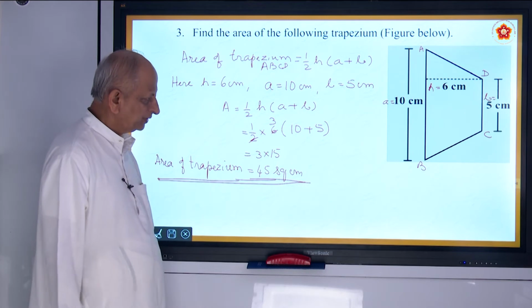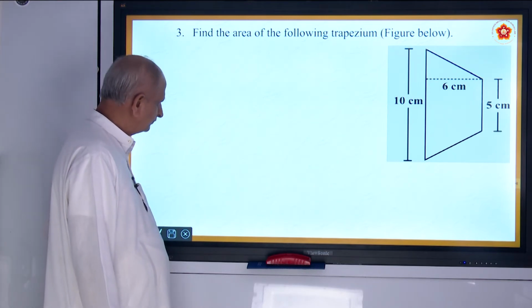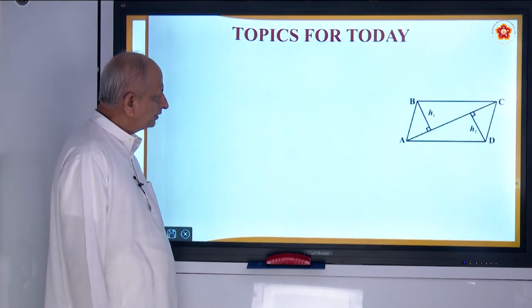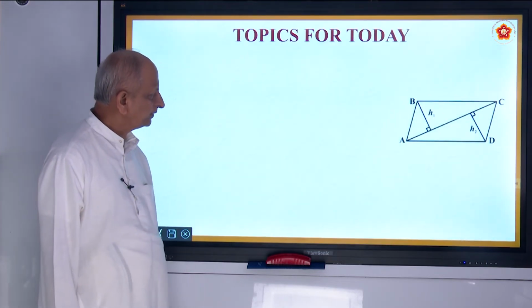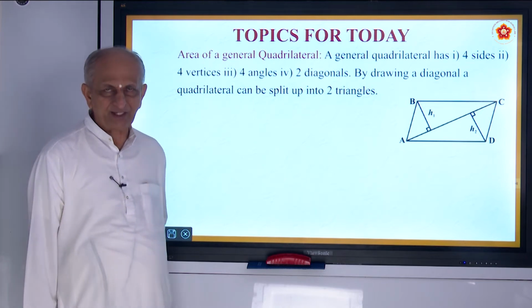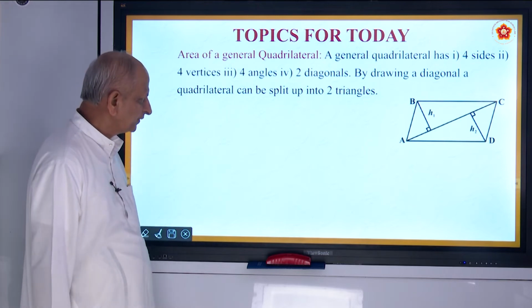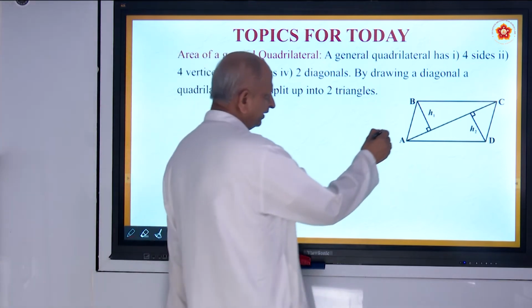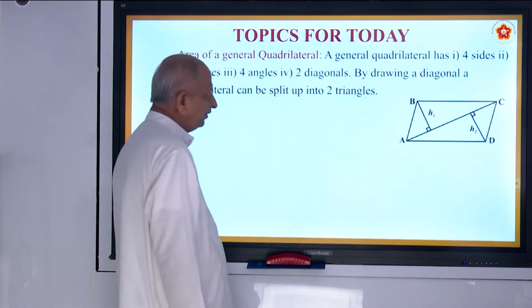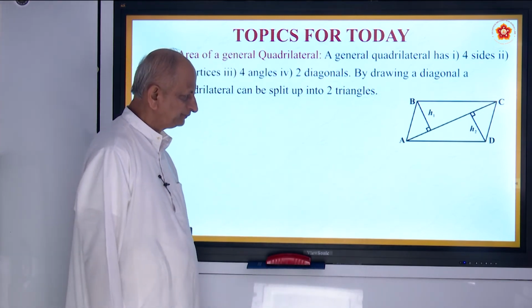So nice. Now we will pass on to the topic for today. And today's topic is area of a quadrilateral, a general quadrilateral. Okay. So here is a quadrilateral ABCD. When you say quadrilateral, what are the specialities?